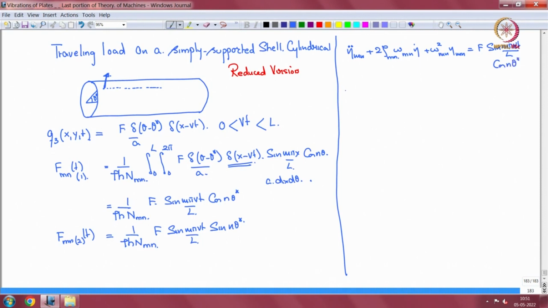That is one set. Then you have eta mn double dot plus twice zeta mn omega mn eta dot plus omega square mn eta mn is equal to F sin m pi Vt by L, sin n theta star. So now you have to do a transient analysis with this as the transient force.